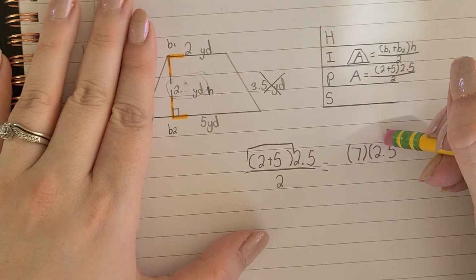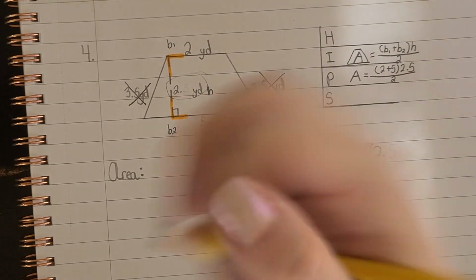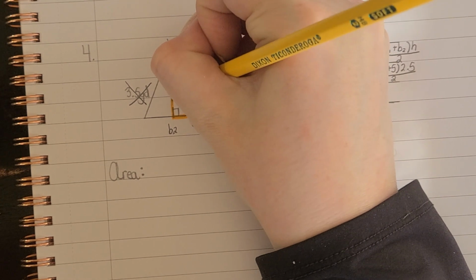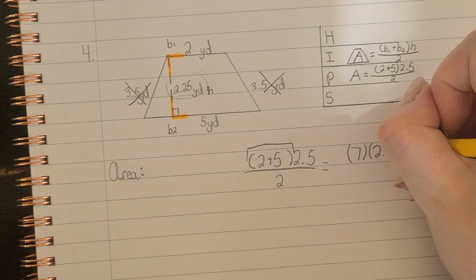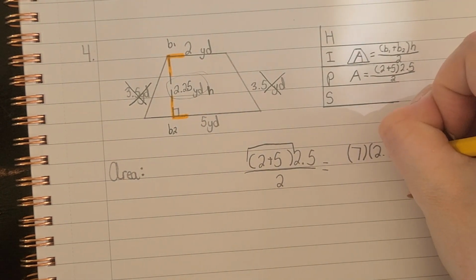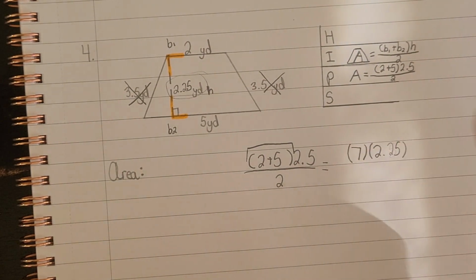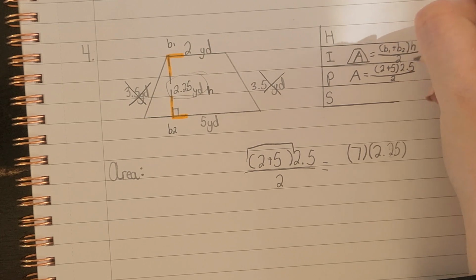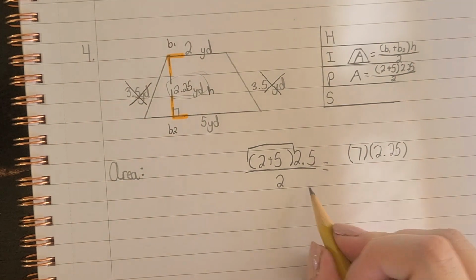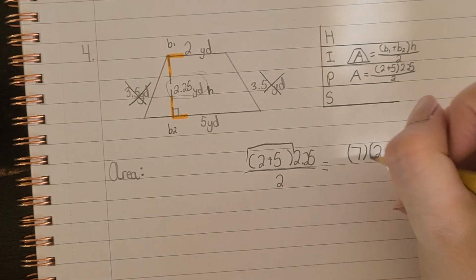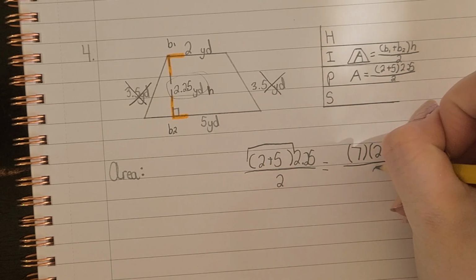That would have made me get it wrong. Make sure you're double checking that you copied it correctly. My bad. All right. 2.25. All right. And we're going to multiply those. 2.25. And then divide by 2.